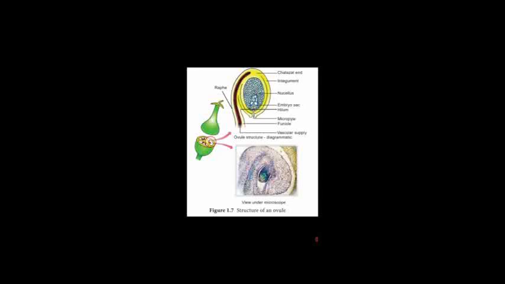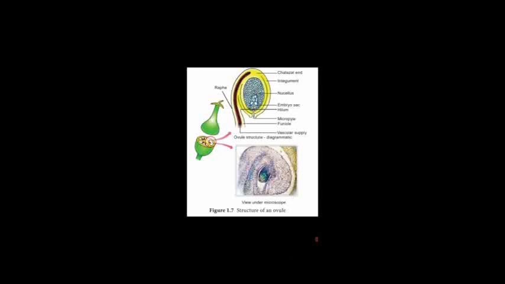Then, opposite to the micropylar region, the basal region of the inverted ovule, where the funiculus, integument and the body of the ovule are attached together, is named as the chalazal region.